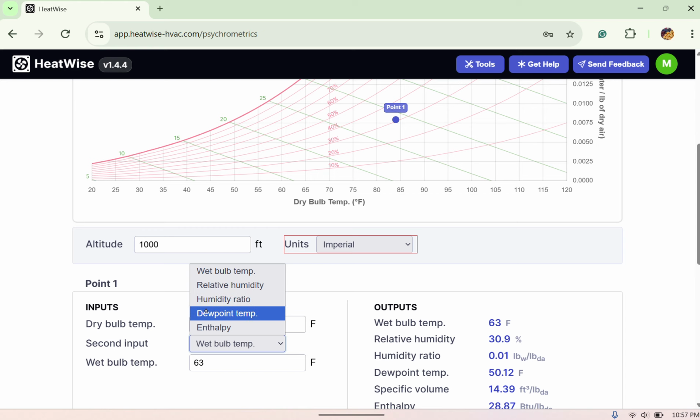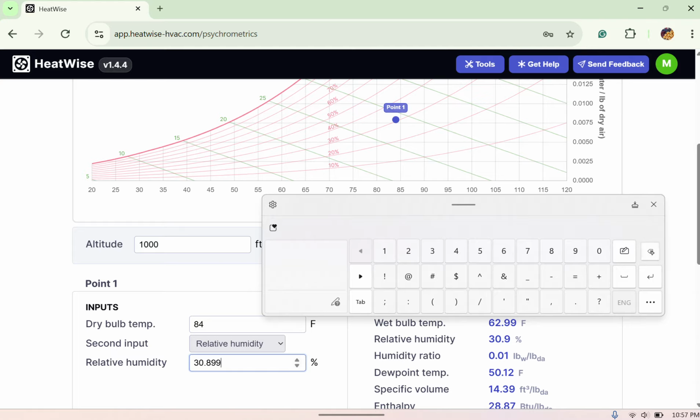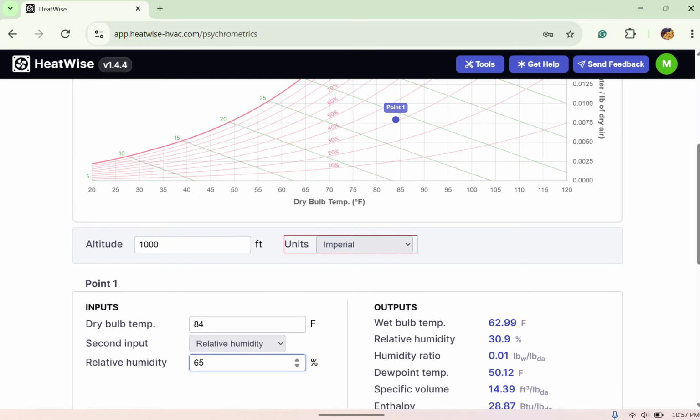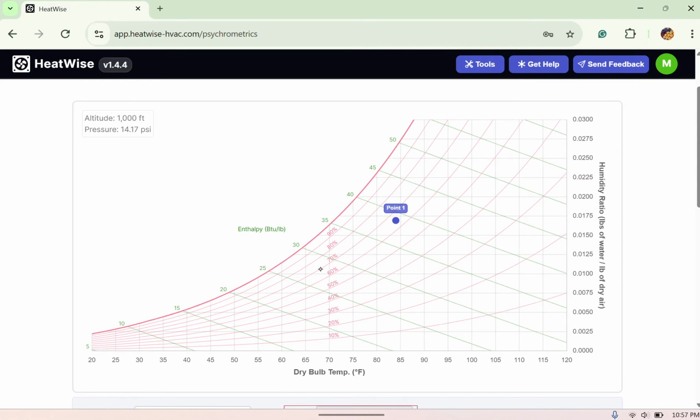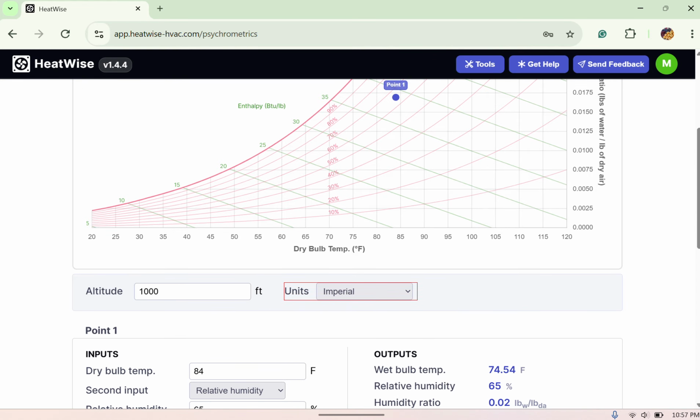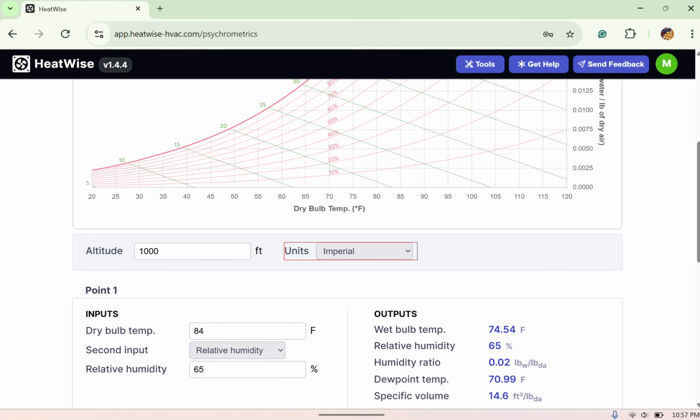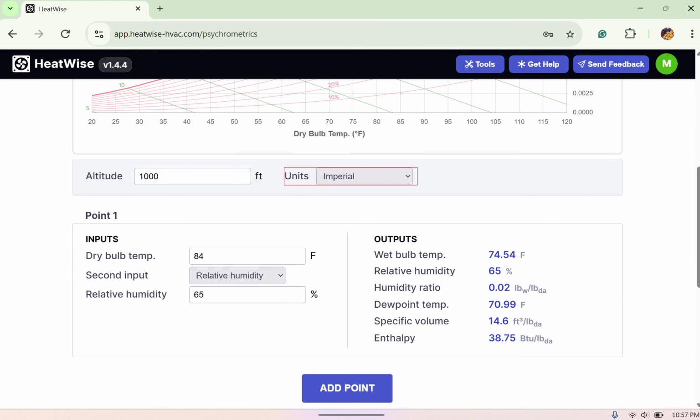Let's say 84 degrees with a relative humidity at, let's say, 65%. And you can see here it plots our point halfway between our 60 and 70% lines. That is our 84 degree Fahrenheit point at 65% humidity.